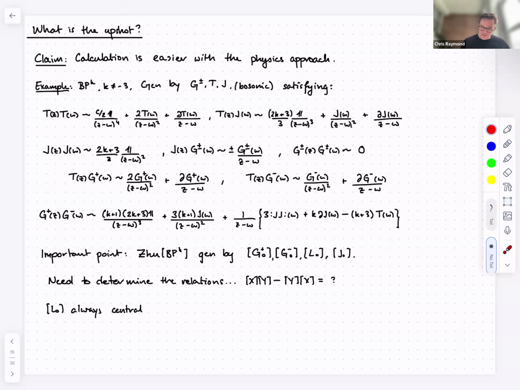Now, the first point is that L0, the zero mode of the Virasoro generator, is always central in this approach. There's a few different ways of seeing that. You can just go ahead and do the direct calculation. The calculation in Zhu's formalism is also particularly nice once we've identified what the quotient of Zhu's star product is, for those maybe more familiar with that picture of things.